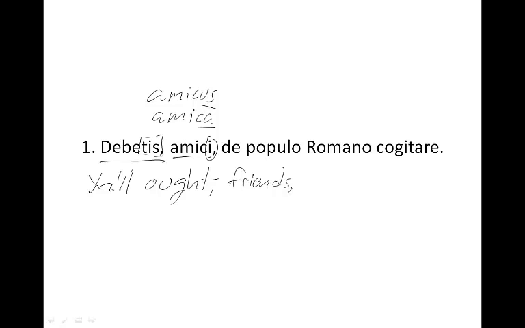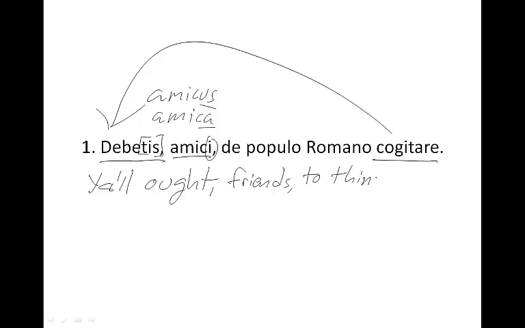Now the next verb, cogitare. This is the infinitive that goes with y'all ought. You all ought to do something. Well, pause if you need to remind yourself what cogitare means. It means to think. So far we have you all ought, friends, to think. To think about what? Well, de will tell us that.